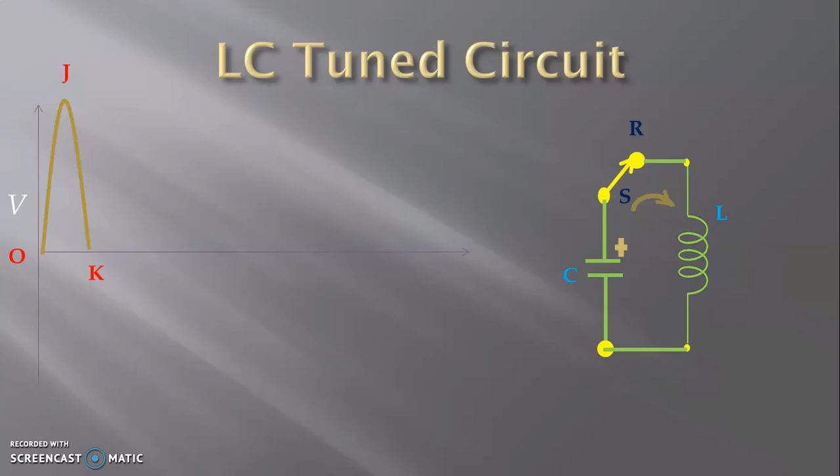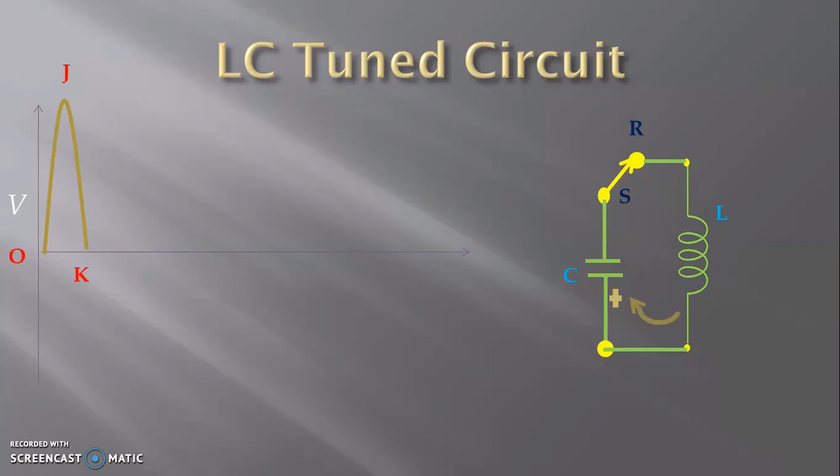So even if the capacitor is fully discharged, the flow of current is maintained in the same direction, and then the energy starts transferring from the inductor to the capacitor. The capacitor starts charging with the reverse polarity. So if the current is maintained in the same direction, the capacitor now charges with positive polarity on the bottom plate.